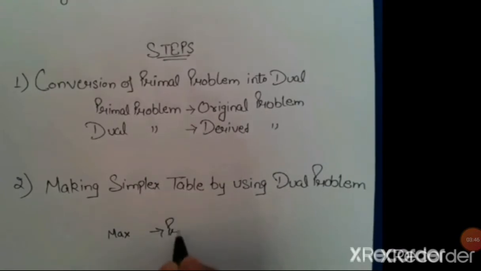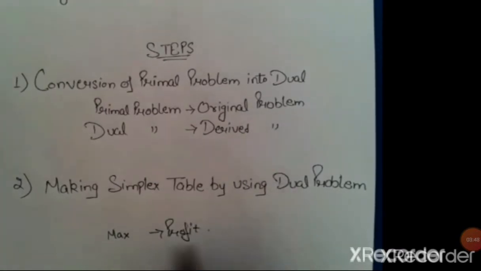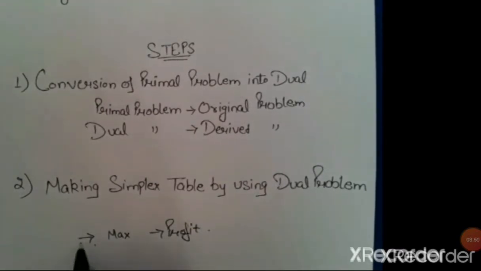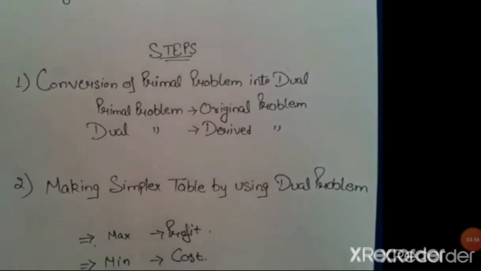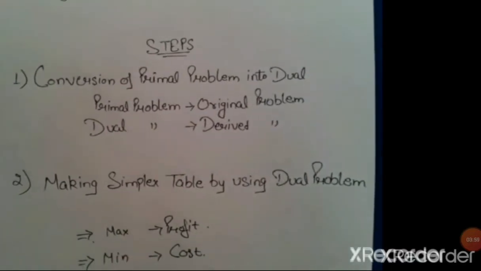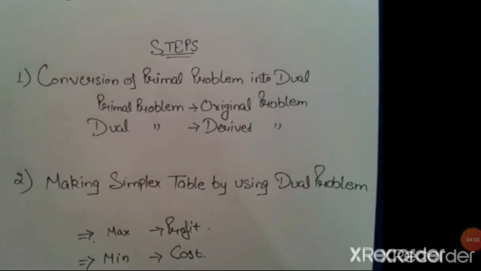Let's consider one example, making a simplex table by using the dual problem. The first objective function, of the primal problem, is to maximize profit.